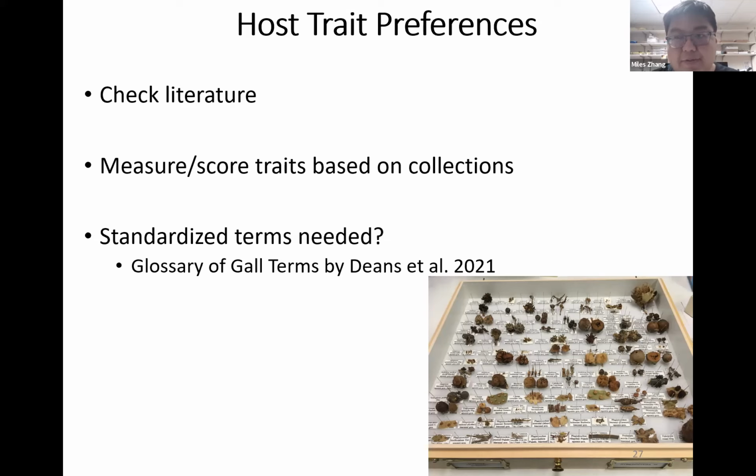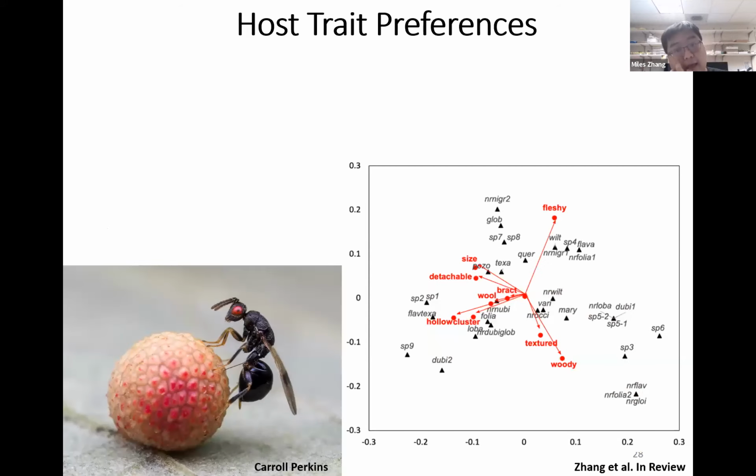Any taxonomist will know that when you work with a different group, in a different family, or even depending on the author, there are various terms. But luckily, Andy Dean's group has been updating this glossary of gall terms, and it's been really helpful in categorizing some of these traits. Right, so now that we have these traits, what we did is do a PCoA, like a correlation matrix.